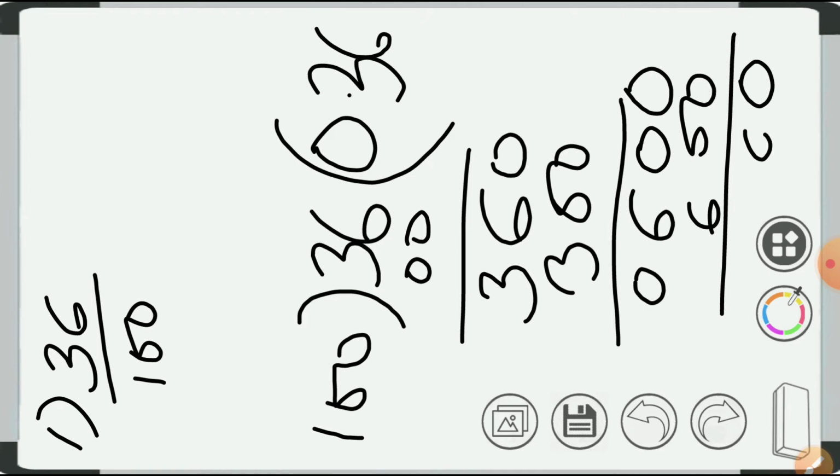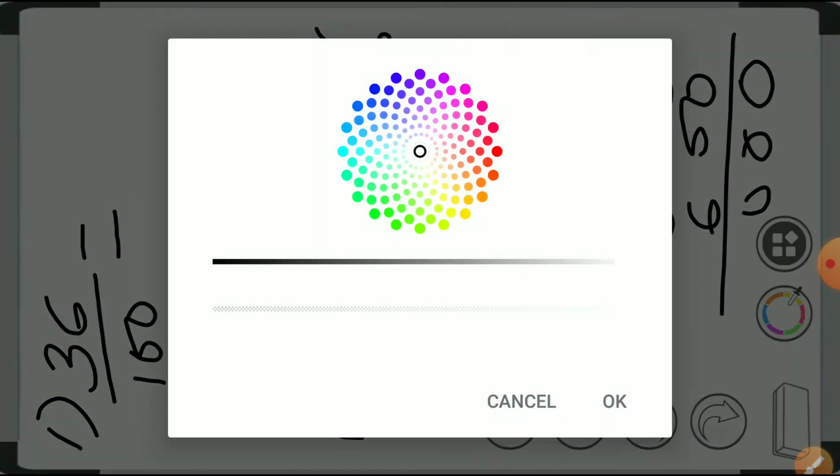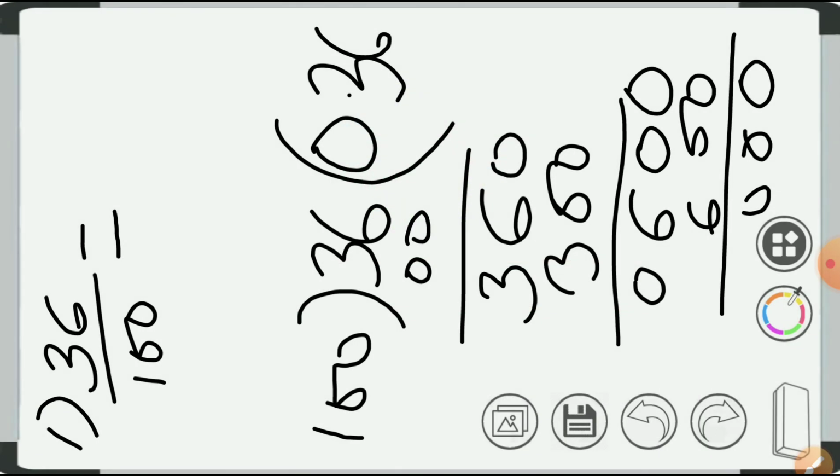Write 0 0 0. Your answer is 0.36. Your remainder is 0, which means you should write it is terminating.